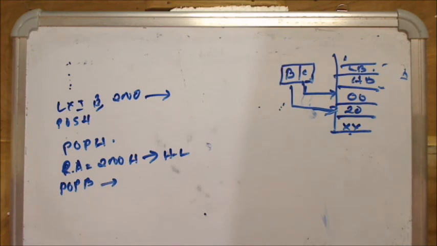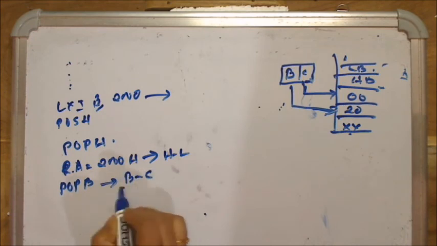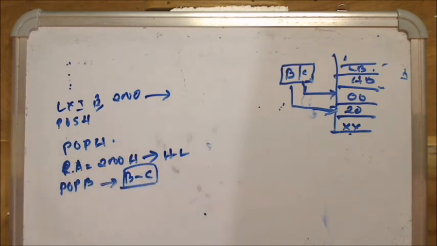Now neither your parameter nor your return address is in the stack. You have put the parameter in the BC pair and you have got the return address. To come back, use the instruction PCHL.